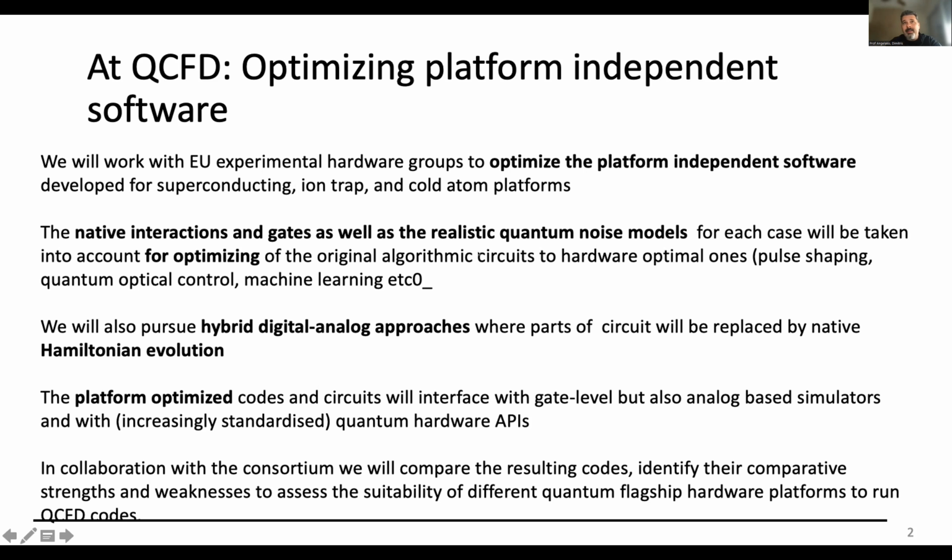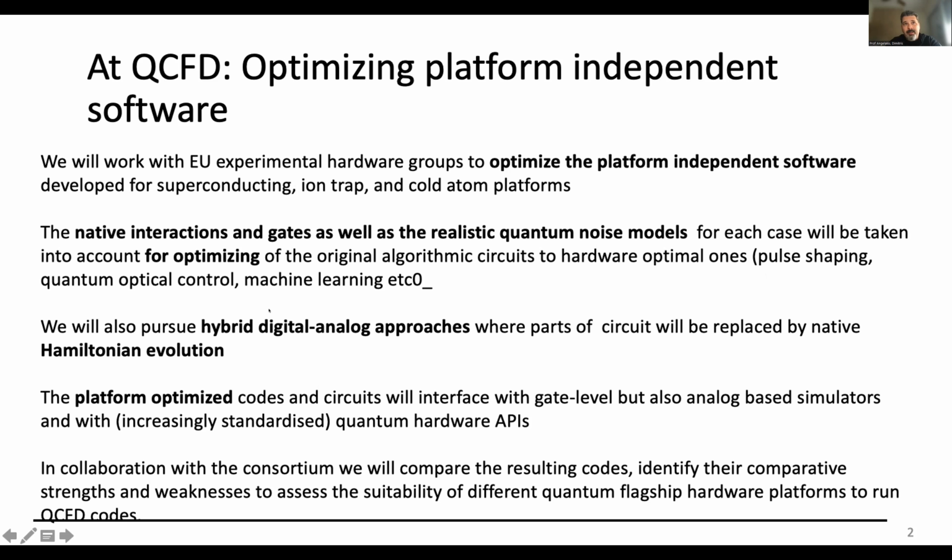So we'll look at realistic noise models. We'll do pulse optimization, pulse shaping. This comes under what we call quantum optical control. There are ways to combine that with machine learning to do it more automatically.